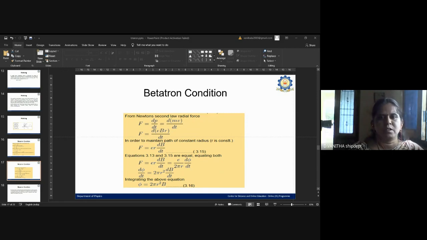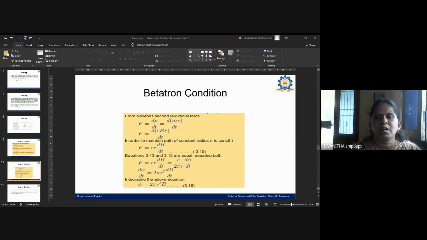So in these slides, we saw the construction of the Betatron and how the Betatron works. We are using the phenomenon that a Betatron works like a transformer. In a transformer, there are two coils, the primary and the secondary coil.